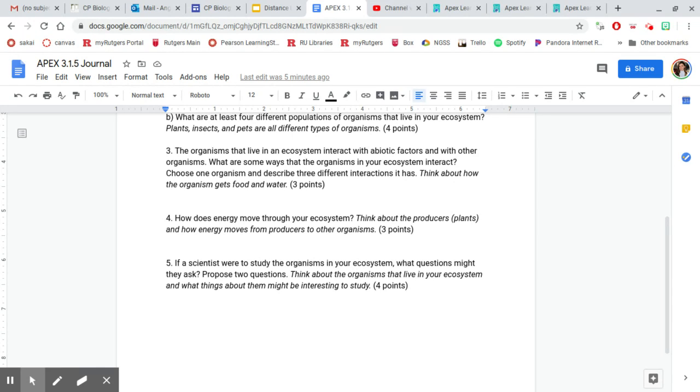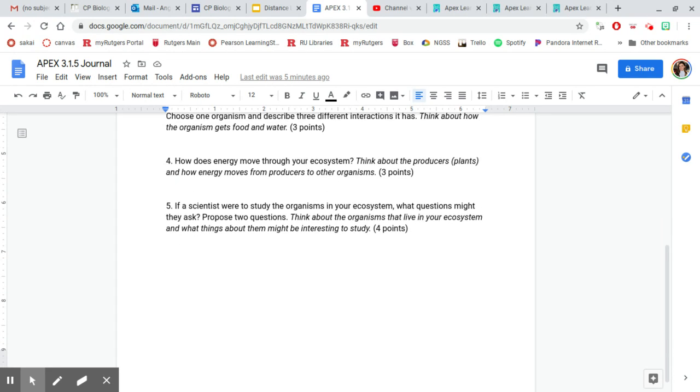A larger animal, maybe we don't have tigers here, but let's just say a fox maybe will eat the rabbit. And then, a tiger could eat the fox, something like that. But you could talk about how they kind of interact in that way where there's a lot of predator-prey interactions going on.